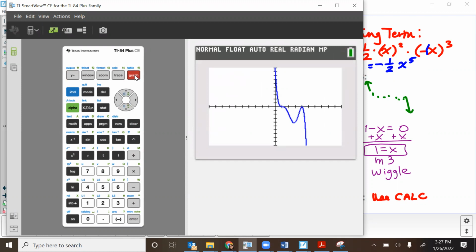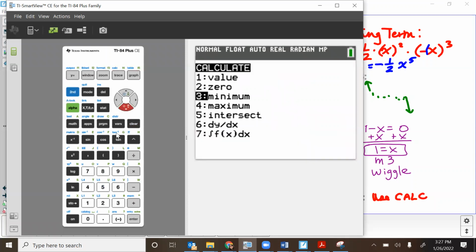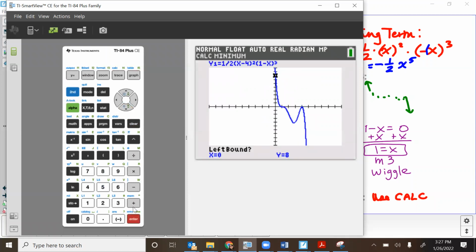And so you can see that we have a wiggle like we thought, and we have a bounce. And so the only turning point on here that isn't already shown by the wiggle and the bounce is right here. It's a low point, so that's a minimum. So I will go second, trace, minimum, and it says left bound.